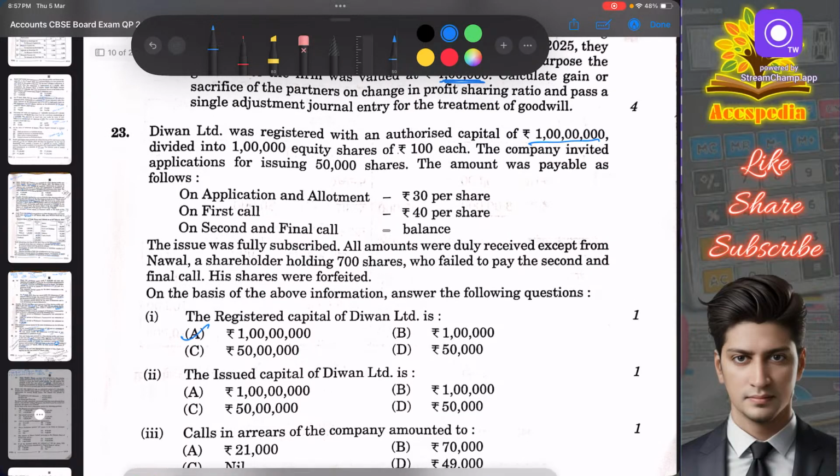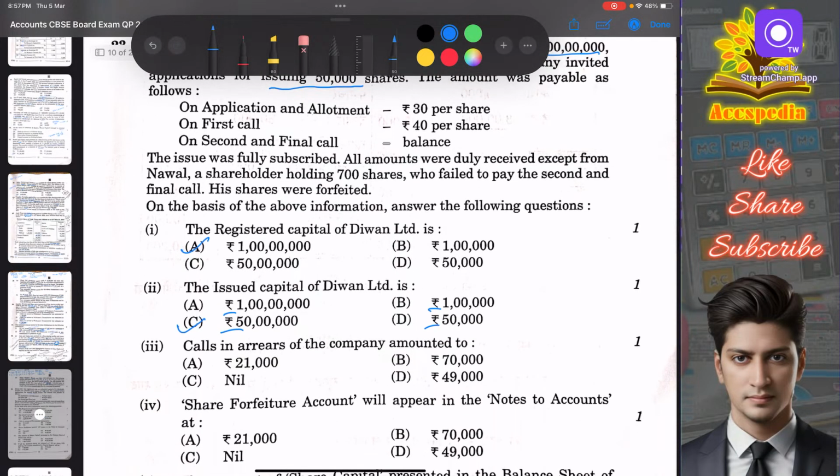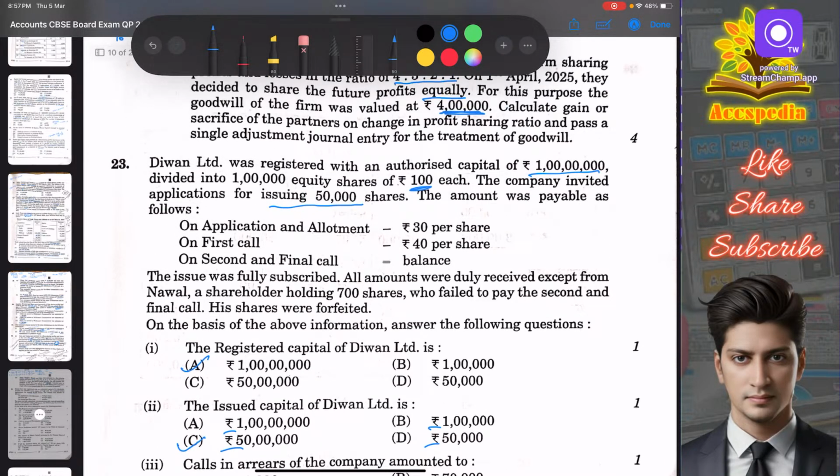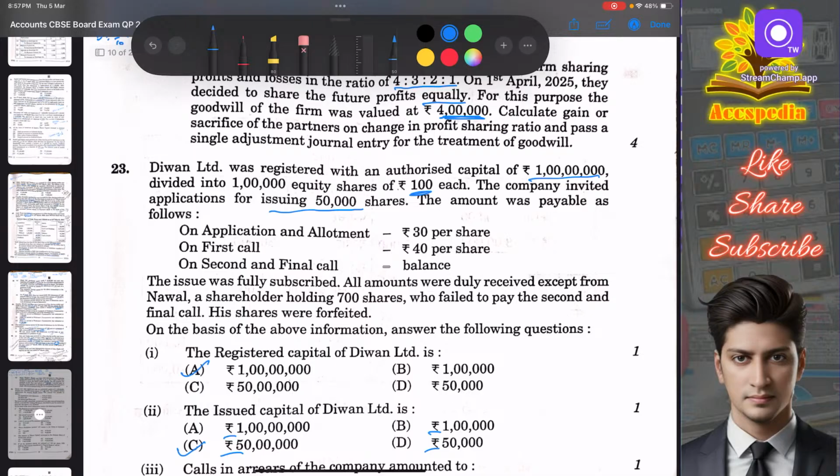Issued capital of Diwan. They issued 50,000 shares of 100 each. Everything has the rupees symbol, so the value is 50,000 into 100, which is 50 lakh. So answer is C. Calls in arrear of the company amounted to how many?